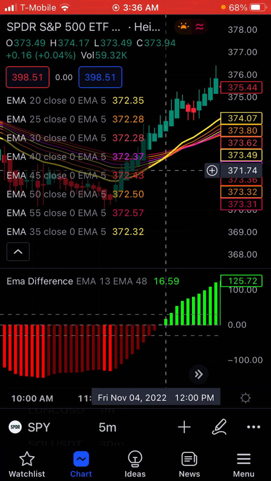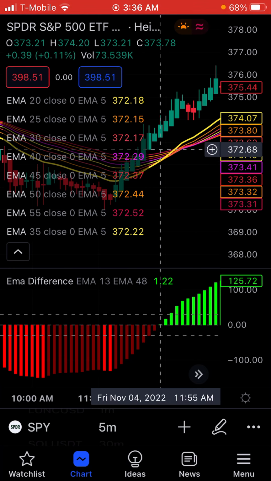At this point right here, where you see the 20 EMA crossing to the 55, if you see your EMA difference, which is plugged into the 1348, turning green or turning red, that's your signal that it's going to go in that direction.